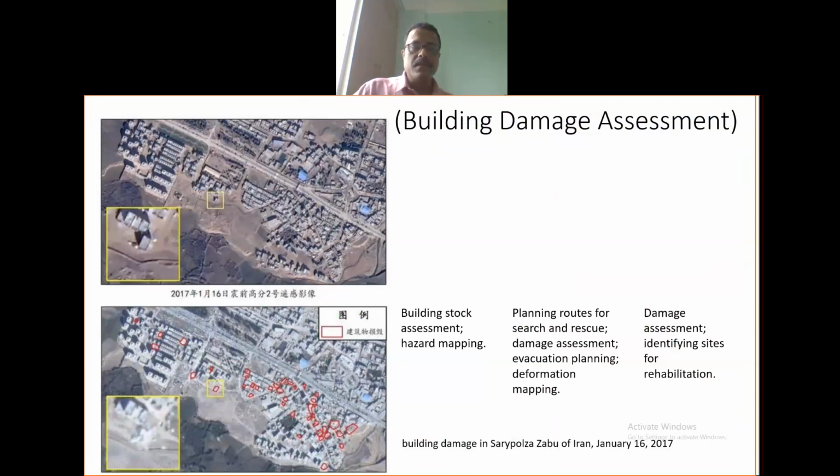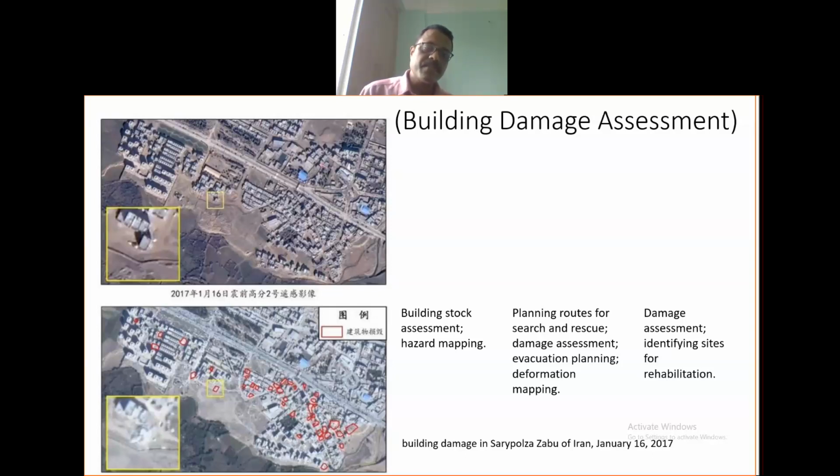Okay. In a similar situation, if you have a high resolution satellite image, you can see the total number of buildings which have collapsed after an earthquake. Here you have a high resolution satellite image, which means you can see individual buildings quite clearly.